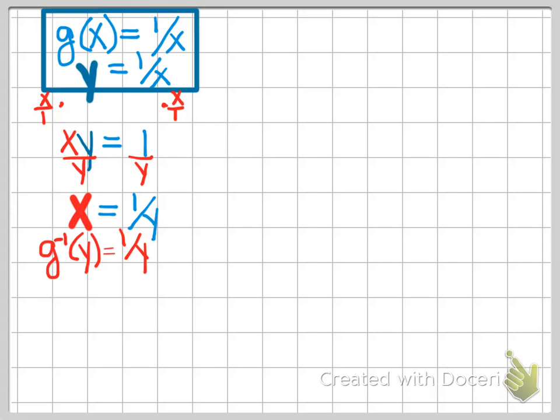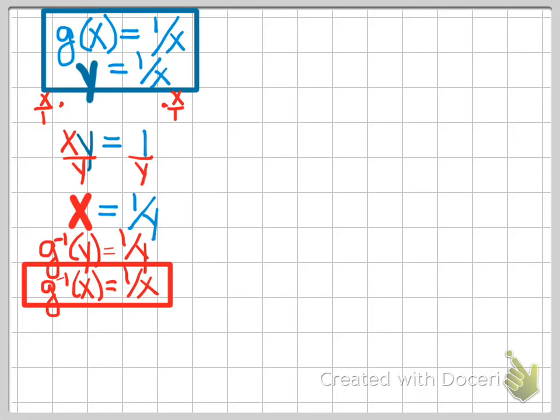The range now becomes the domain for the inverse of g of y is equal to 1 over y. Again, this is the same equation, I'm just renaming it. Instead of saying it's the inverse of g of y, now I'm saying the inverse of g of x is 1 over x.